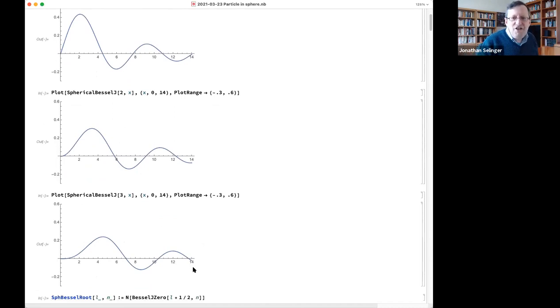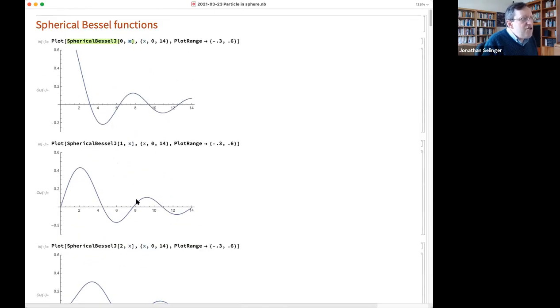So these are functions that are knowable, plottable functions, right? And you can see they each have a set of places where they are equal to 0, right? Each of them crosses 0 at a certain set of positions, right? But these positions are not just multiples of pi, except in the 0th case.